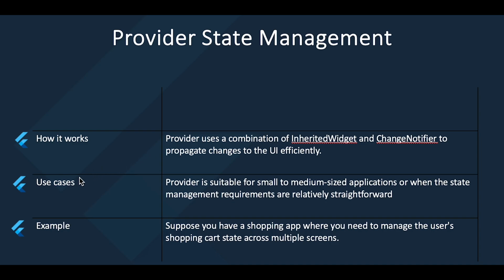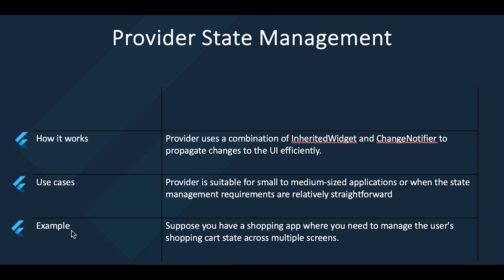Let's look at the use cases. Provider is suitable for medium-sized applications, or when the state management requirements are relatively straightforward. It is ideal for managing local or global state that doesn't require complex business logic. Let's look at an example.